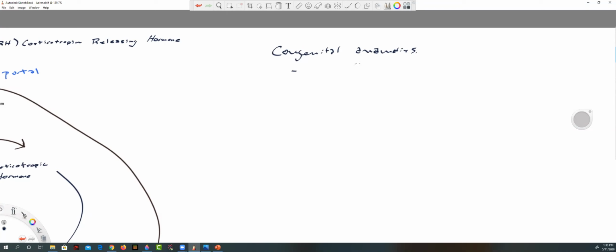Developmental anomalies. Congenital or developmental anomalies, same difference.